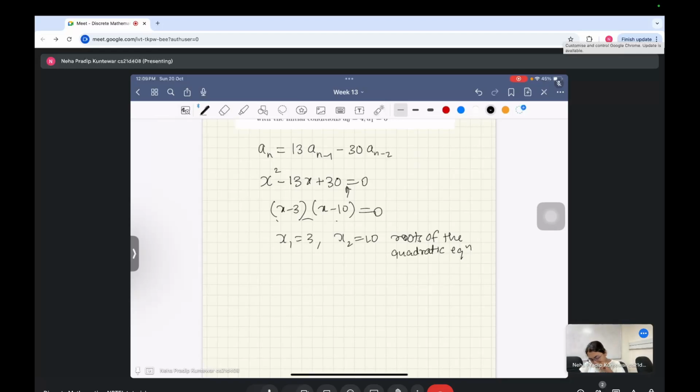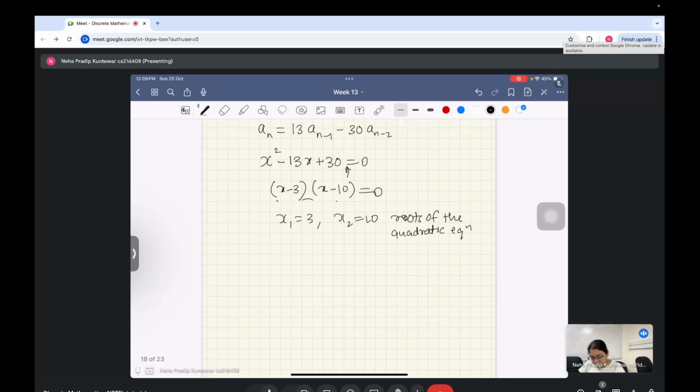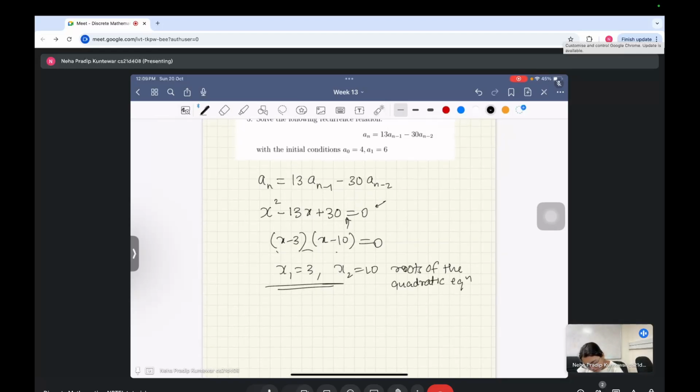And then we know that if these are the roots, so this is what is called the characteristic equation of the recurrence relation.